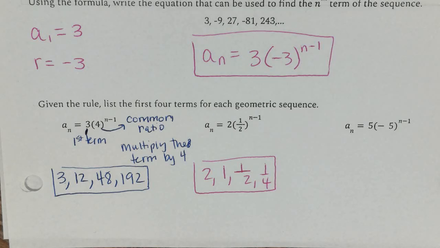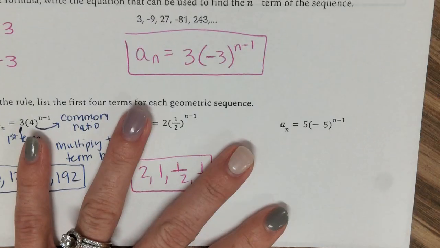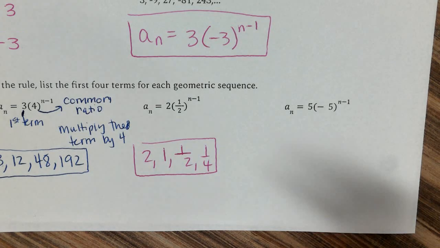Okay, you should have gotten 2, 1, 1/2, and 1/4. Yes? Any questions? All right, the last one, the first term is 5, so I would write 5.